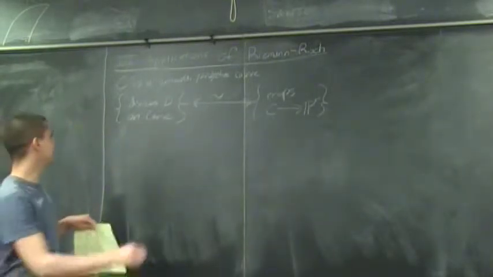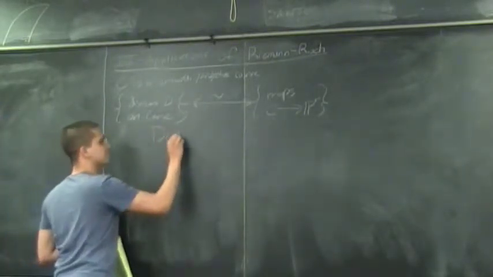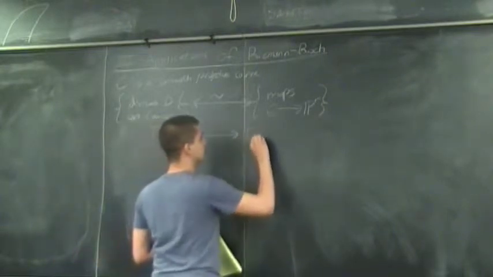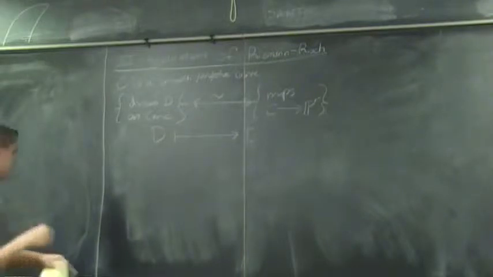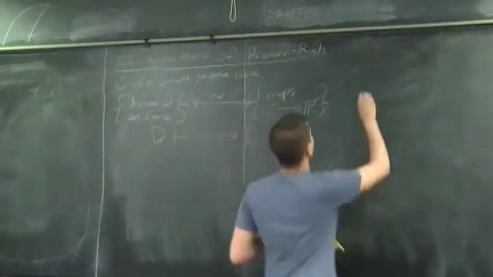So on the one hand, the way this worked was that if we had a divisor D, we could send it to... actually first I should write down, I'll write it over here.